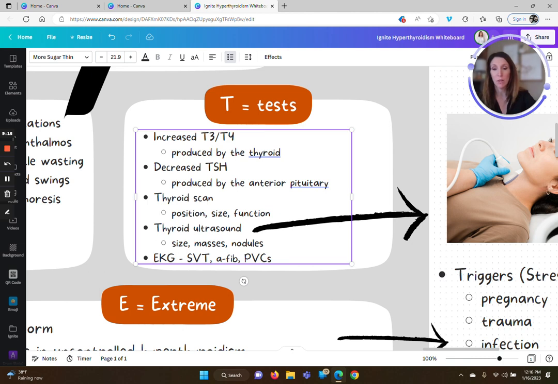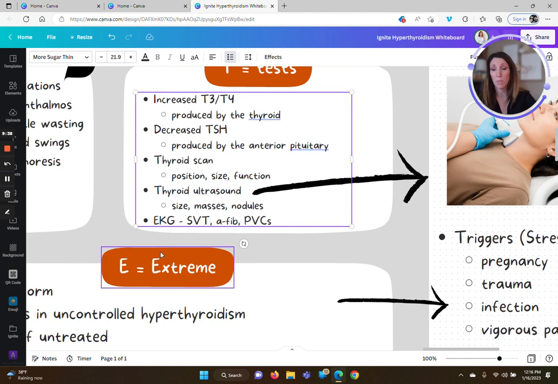And then atrial fibrillation, which is a problem with the atria, the top part of the heart, but it's also a rapid rhythm. And then PVCs, where the bottom part of the heart contracts prematurely. These are called premature ventricular contractions. If we haven't covered cardiac yet, we don't need to memorize that just yet, but those are just things to keep in mind.